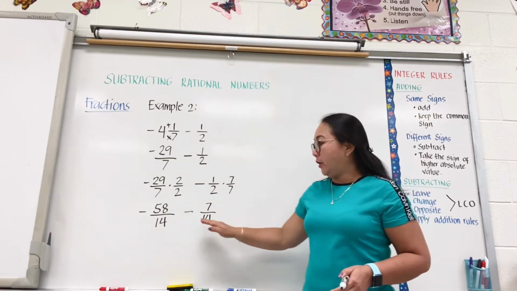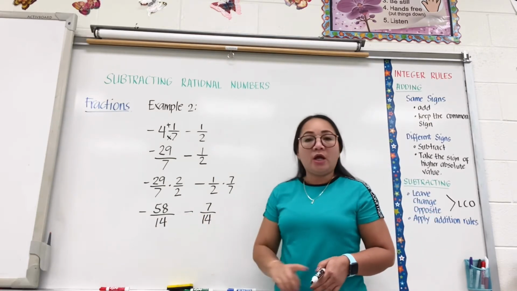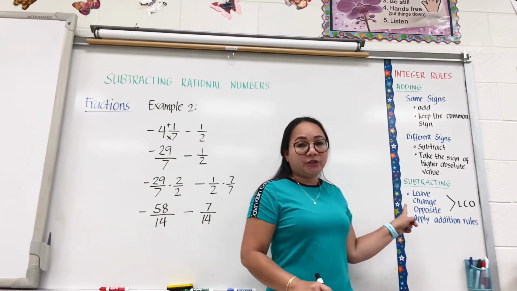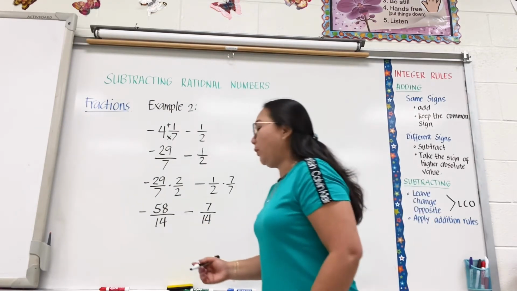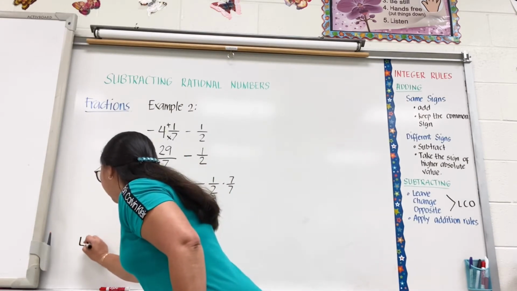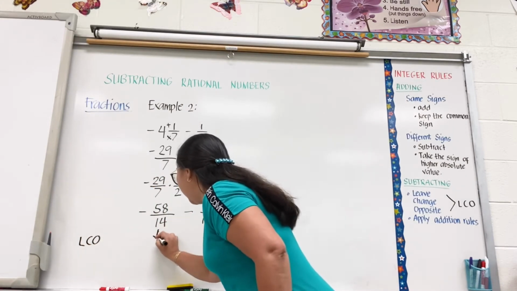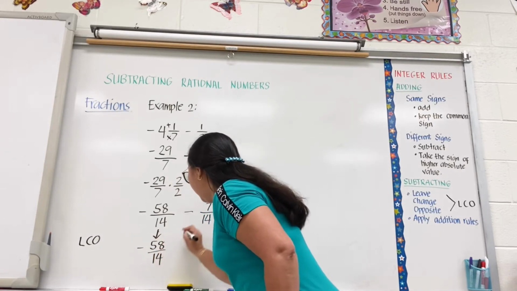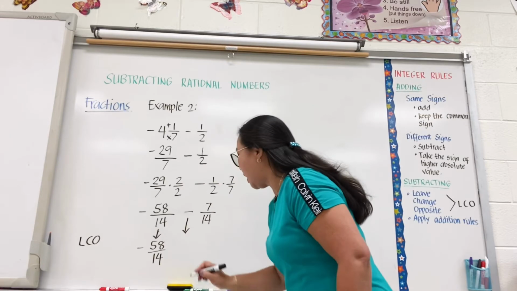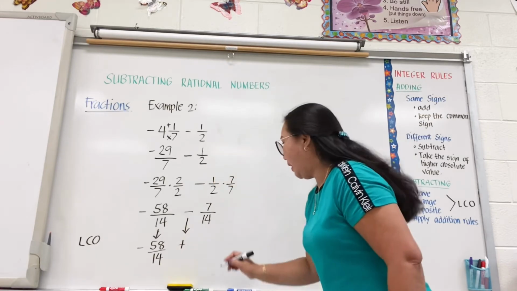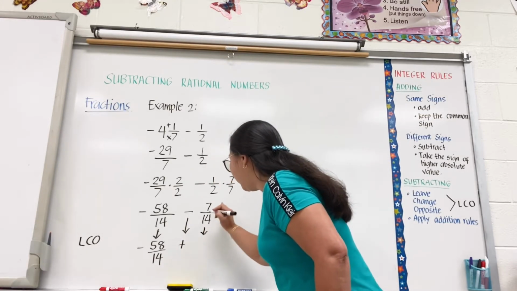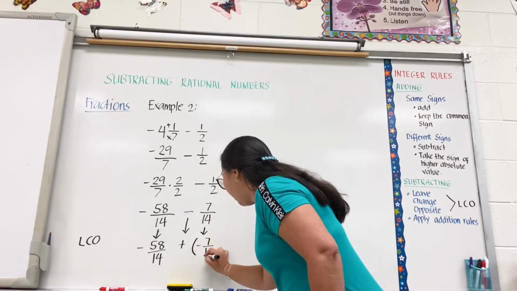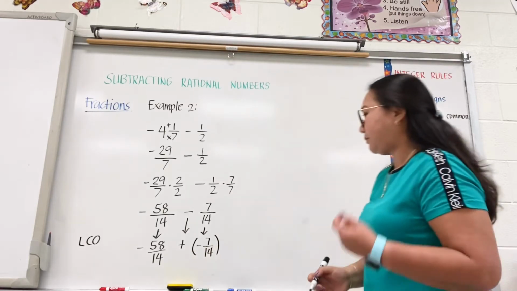So what you're going to do is, since this is subtraction, you will apply the rules for subtracting integers. So that means you will apply the LCO. So leave this -58/14, change the subtraction sign into addition, and then opposite of 7/14 is -7/14.